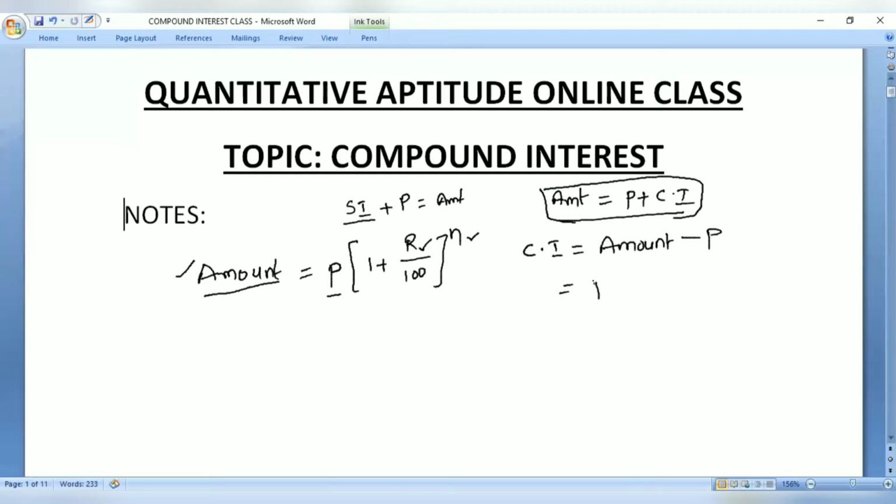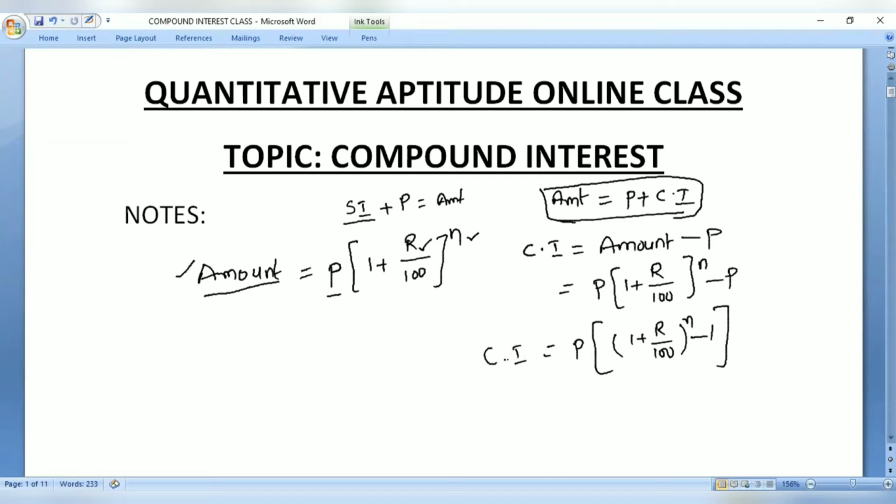We know the formula for amount is P into (1 plus R by 100) whole power n, minus P. Taking P common, it becomes P into [(1 plus R by 100) whole to the power of n minus 1]. So this is the formula for compound interest.